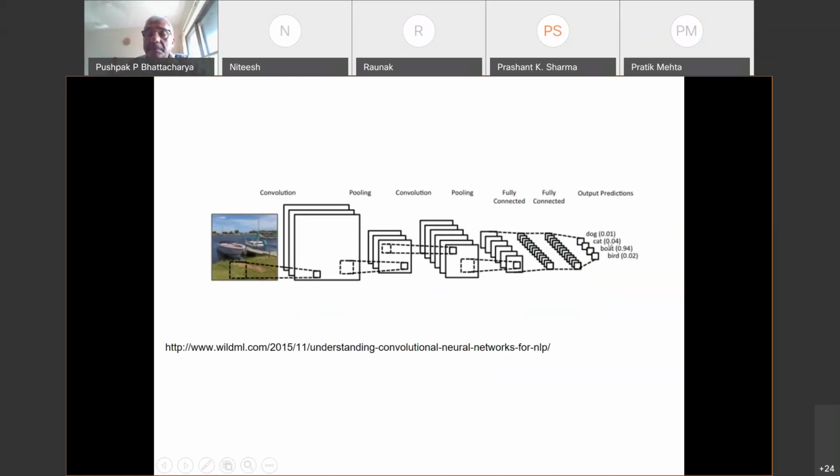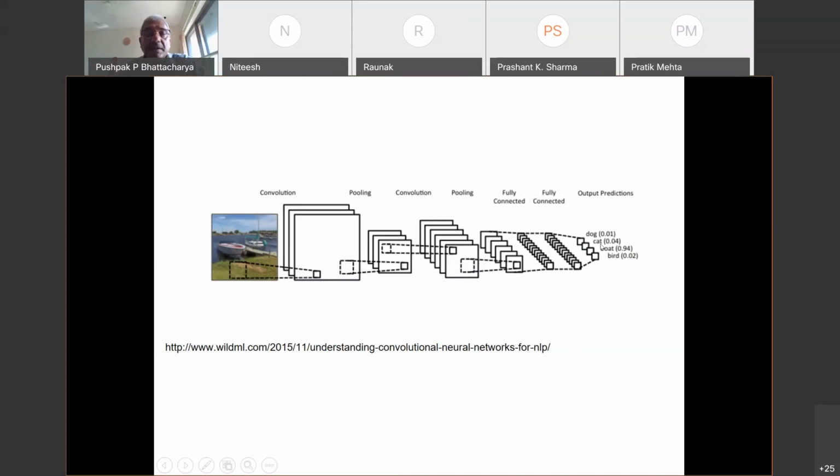So we see that boat has the winning probability, and indeed in the scene there is a boat. Okay, and the boat is detected because this convolutional neural network has been trained to recognize such objects, not with complete certainty, because there is always noise and ambiguity in the scene also, and therefore the decision is probabilistic.